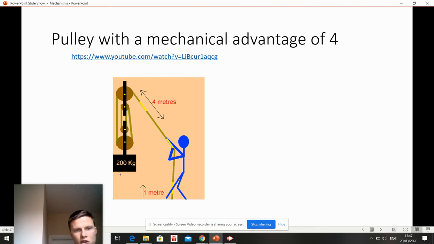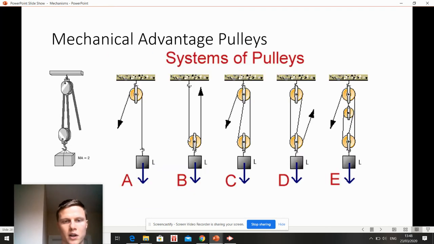If it weighs 200 newtons, I need to pull with that divided by the mechanical advantage of 4. So 200 divided by 4 means you're lifting with 25 newtons of force. To raise it by 1 meter, we need to pull the distance raised multiplied by the mechanical advantage. That's 1 multiplied by 4, which gives 4 meters of rope.